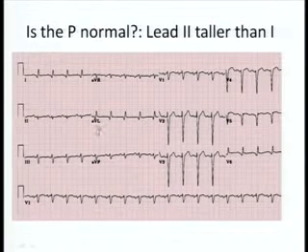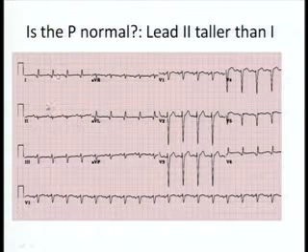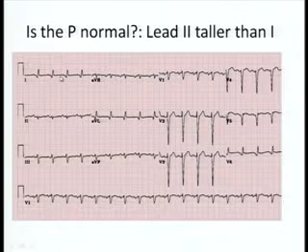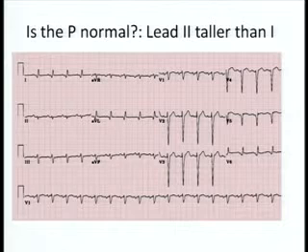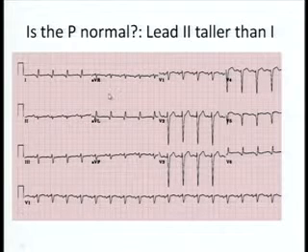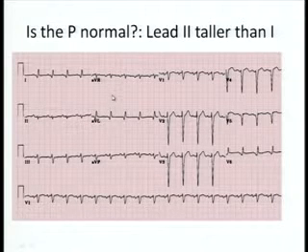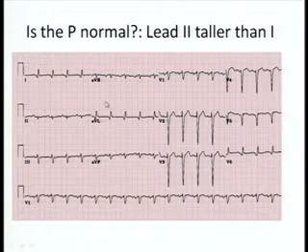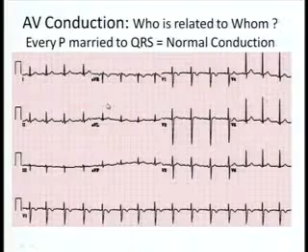So if I have a P wave taller in lead 2 than lead 1, and if my rate is between 3 to 5 boxes, I say normal sinus rhythm, and my diagnosis is over. Whether the P wave axis is 75 or 30, it doesn't matter to me. So I call this the lead 2 taller than lead 1 rule to identify a normal P wave. I'll show you how to quickly pick out an abnormal one.